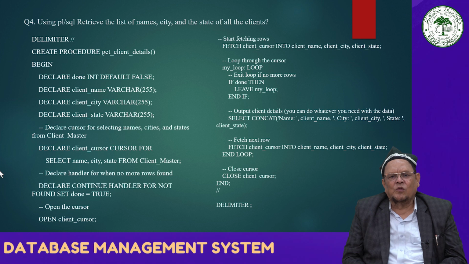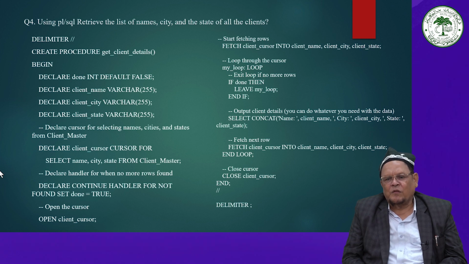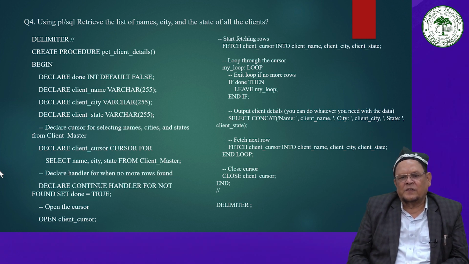Then loop for the cursor. So my_loop, then if done, then leave my_loop, end if. It means that it exits the loop if no more rows are there. Output of a client detail, you can do whatever you need with the data.